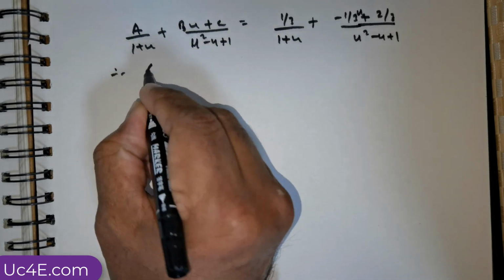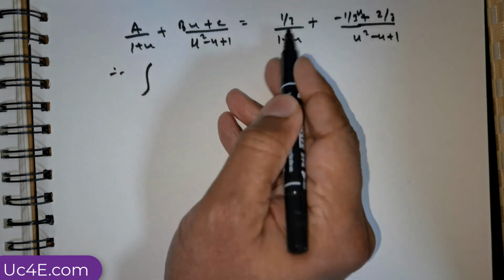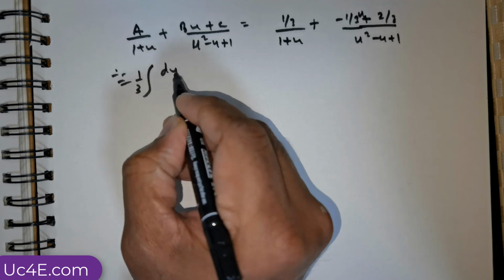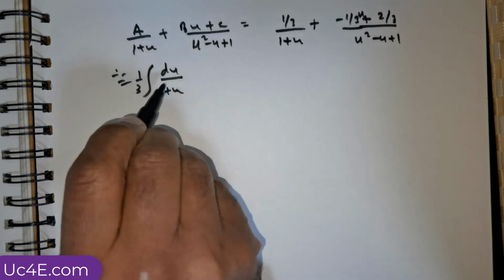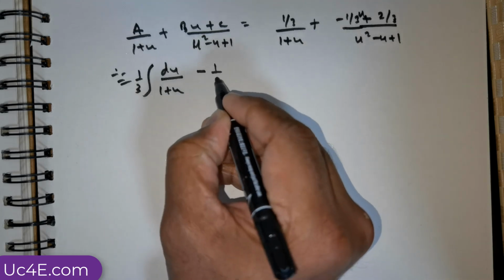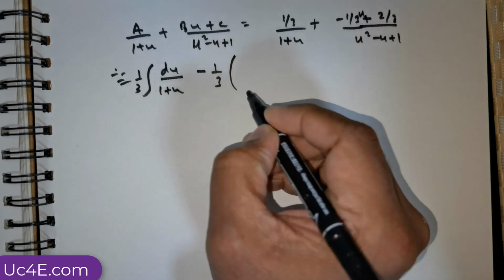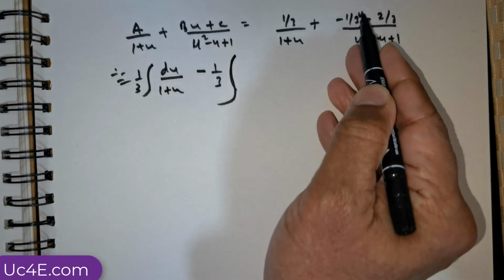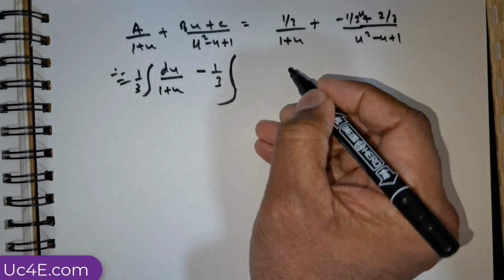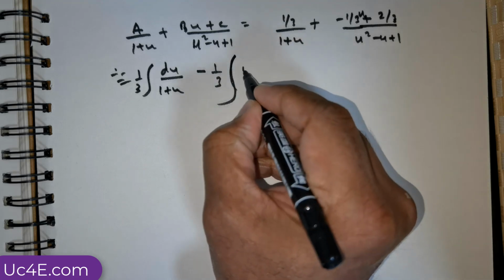So therefore the integral, I need to substitute this value. It's going to be 1 over 3 times du divided by 1 plus u, and this is going to be negative 1 over 3 integral, there is a u there, so let me place that u.